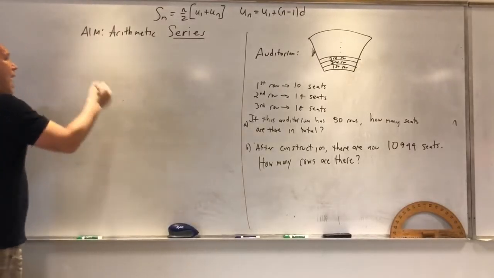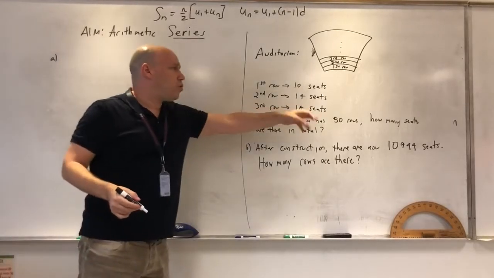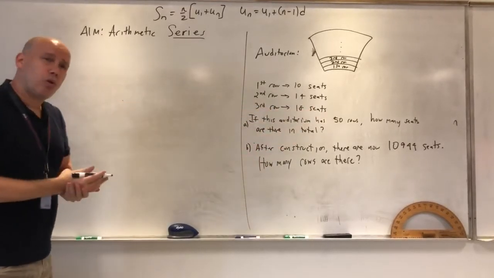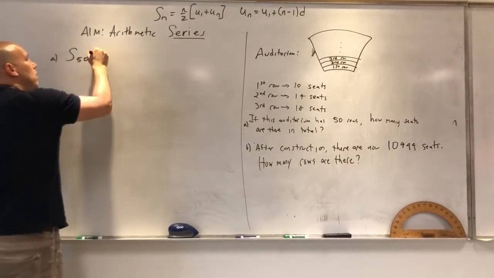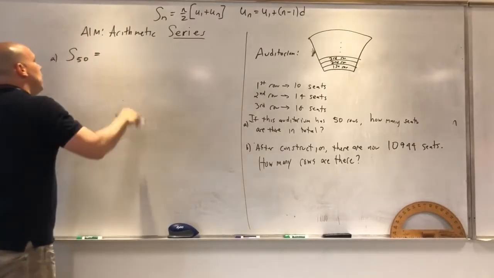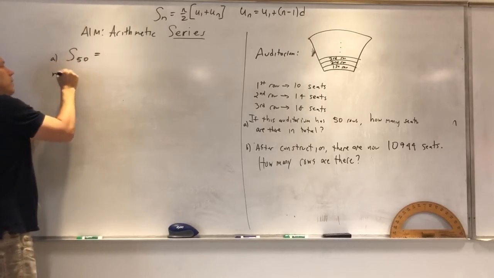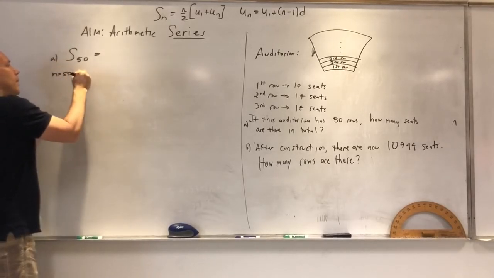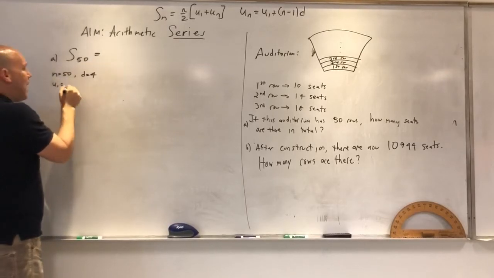Okay, so let's start with A. The question is, if this has 50 rows, how many seats are in total? So we want to add up the 50 rows. Well, I don't know the 50th term, so let's take some information. I'm looking for S of 50. I know that n is 50. I know that the common difference is 4. I know the first row has 10 seats.